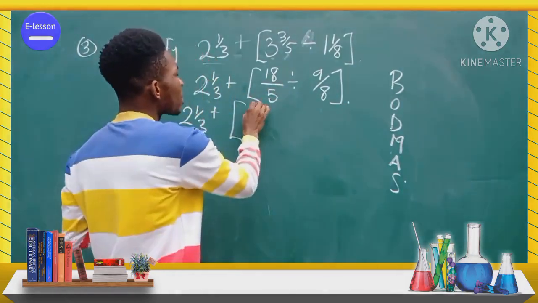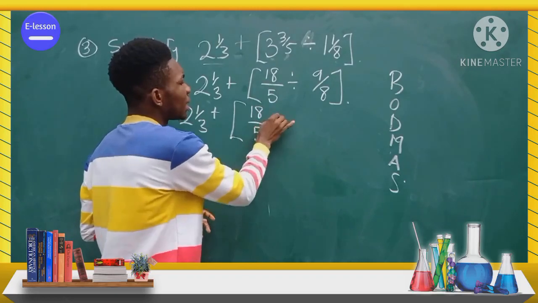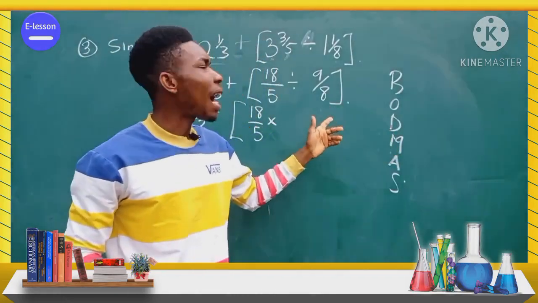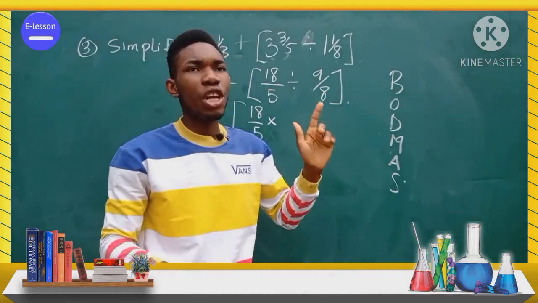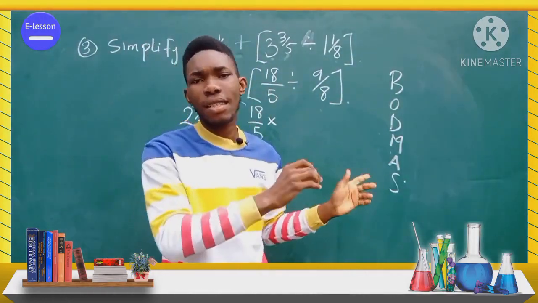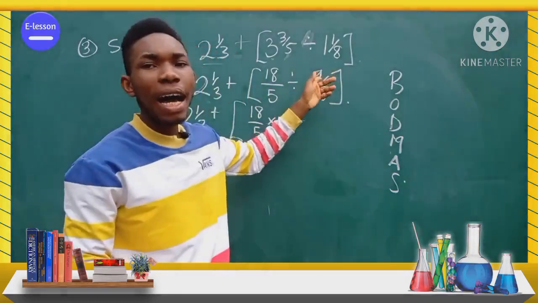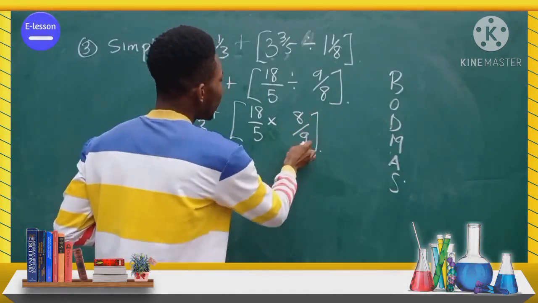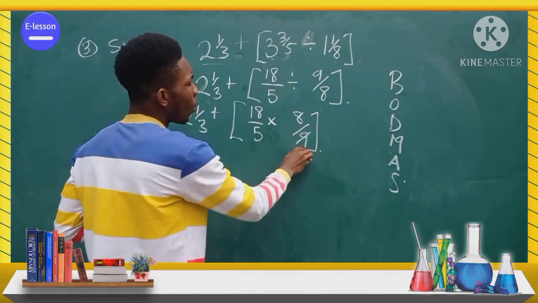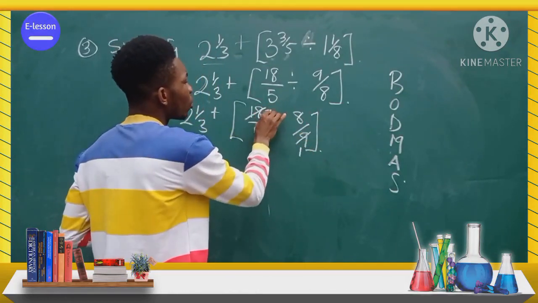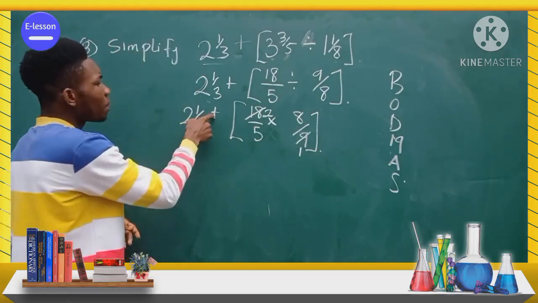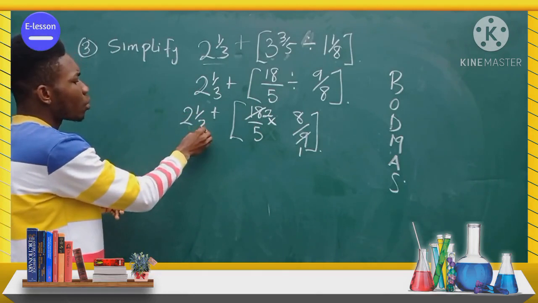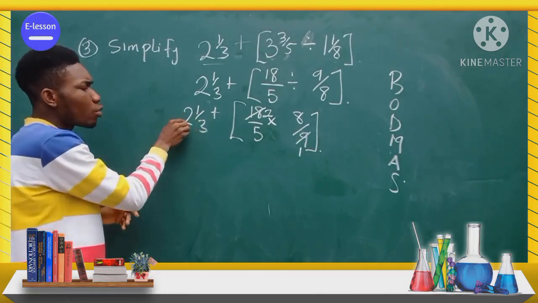So this becomes 18/5 times, the inverse of it. So this becomes 8/9. And at the end of the day, 9 can go into this 2 times. Now for this particular one, you have to change this to an improper fraction also by using this 3 to multiply 2 plus 1.